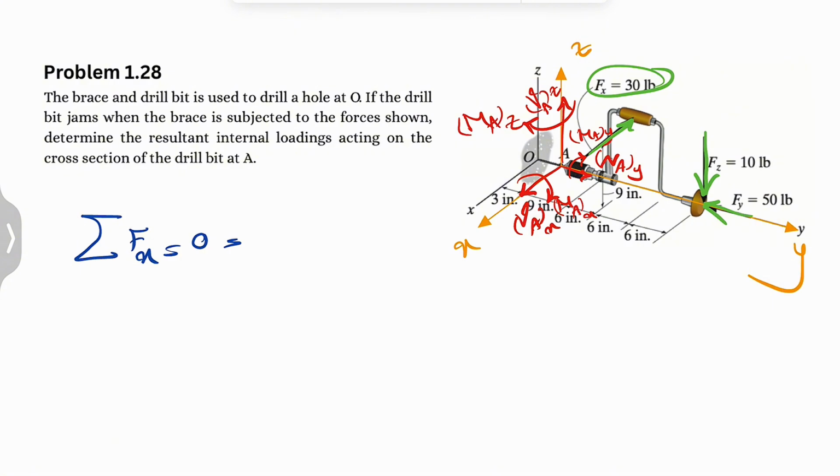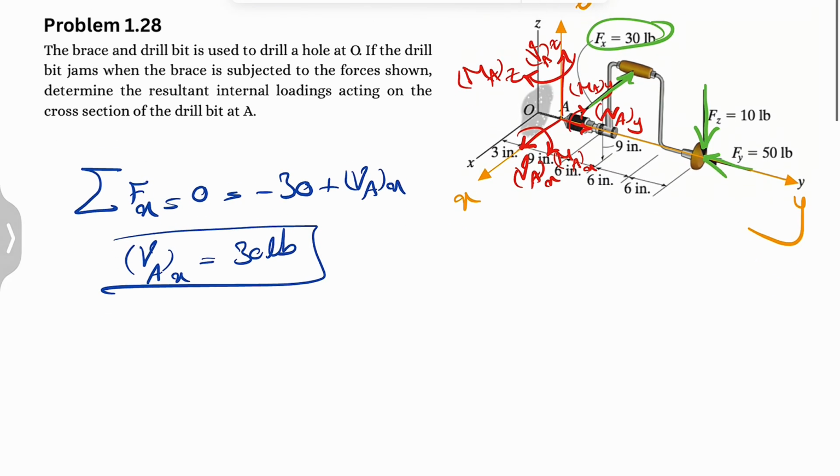We're going to have the 30 pounds that acts along the negative x-axis, so it's going to be negative 30. And also we have the shear force in x, which we assume is positive, so plus VAX. And from here we can find the first internal loading, which is the shear force along x-axis, so that's going to be 30 pounds.